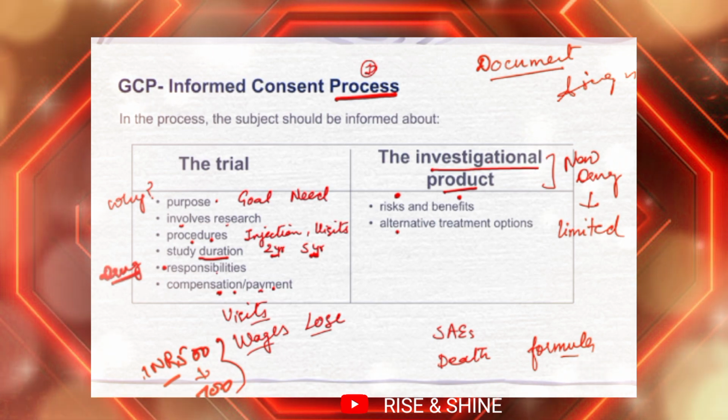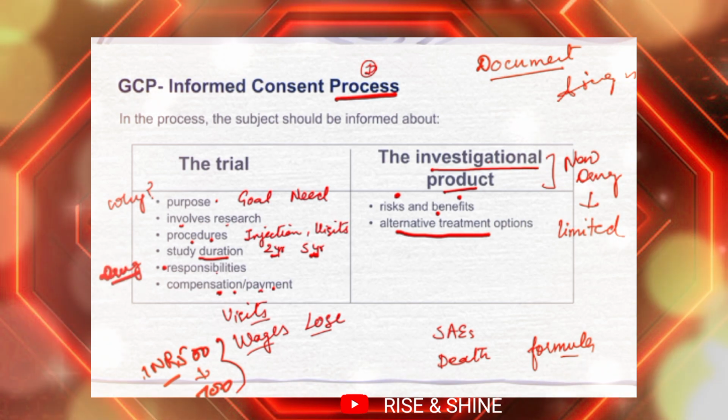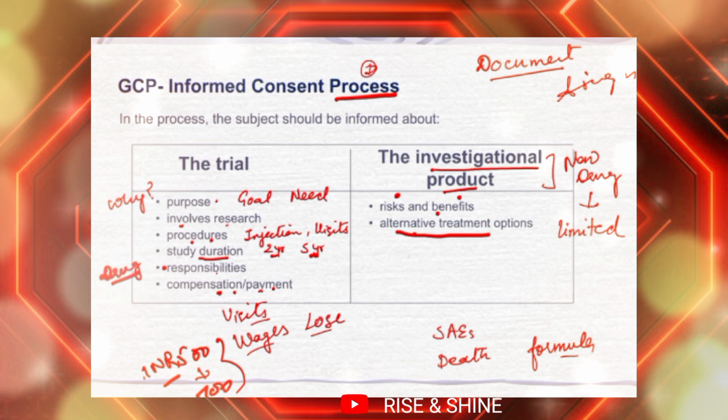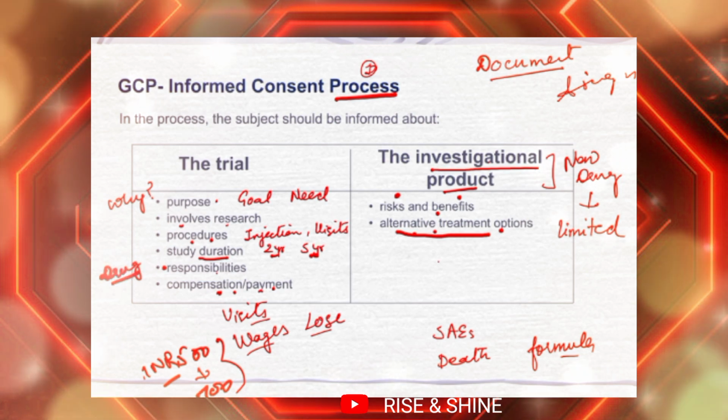And you also have to tell them what the alternatives are. This is voluntary, so even if you are not participating in this trial, no treatment is available for this particular disease. Here this treatment may help you, but if you are not willing to participate, these are the alternatives that are available, maybe some standard of care, right?